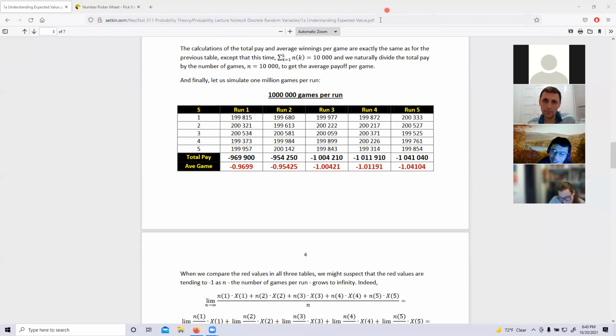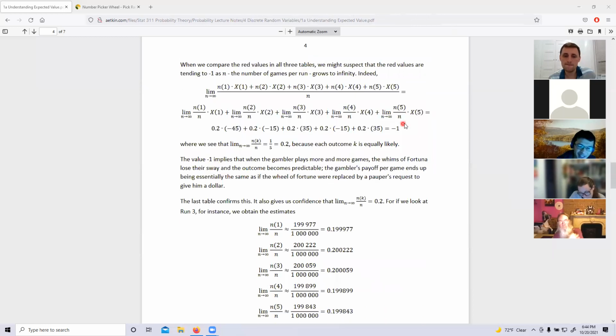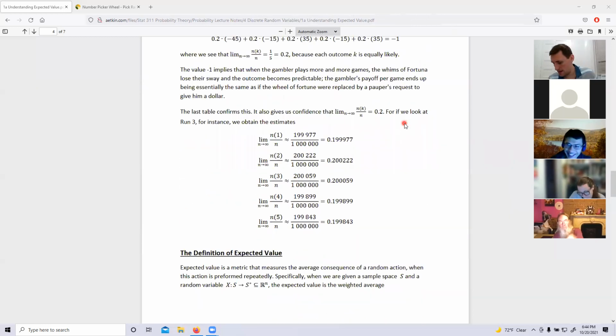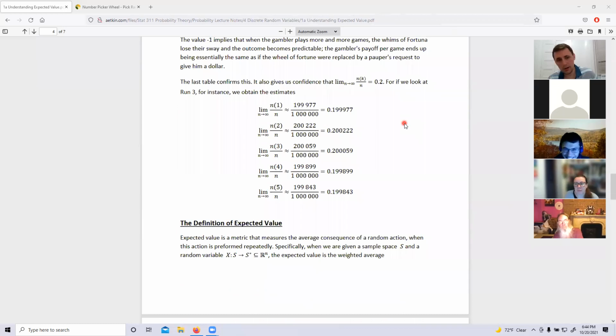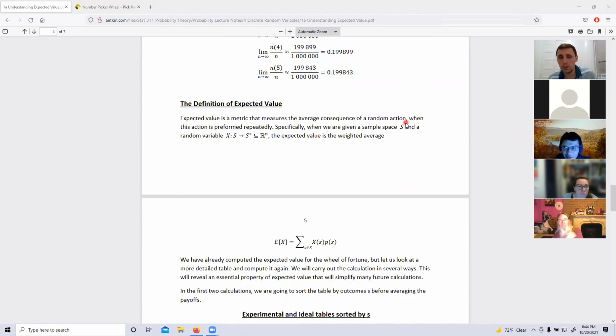Good. Now we need to discuss the definition of expected value. We'll do it in several ways, and I hope the columns are helping you. It's interesting, right, guys?